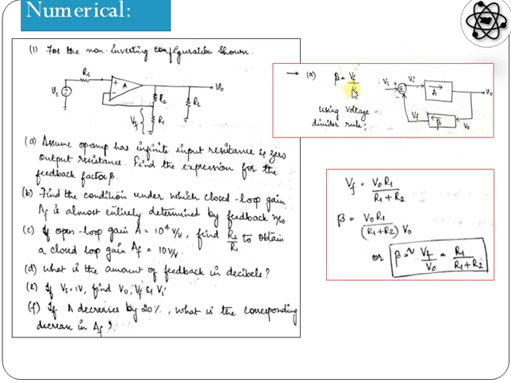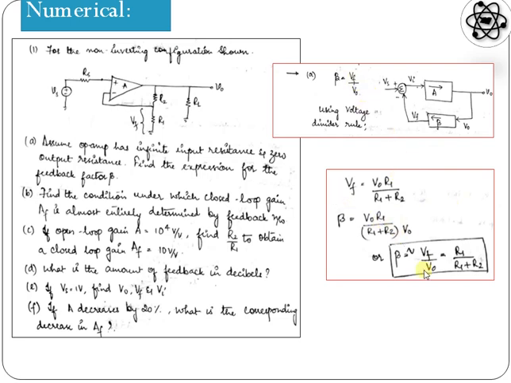So beta is equal to Vf divided by V naught, and Vf is equal to V naught into R1 by R1 plus R2. The feedback factor, as you have seen earlier, is actually the reciprocal of the gain of the amplifier. The gain of the amplifier is 1 plus R2 by R1, and the reciprocal of that will give you the value of beta.